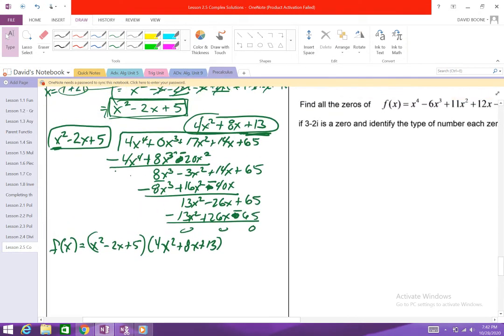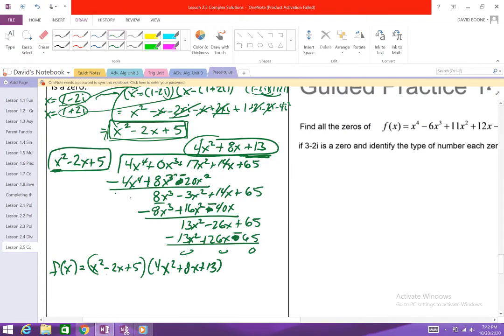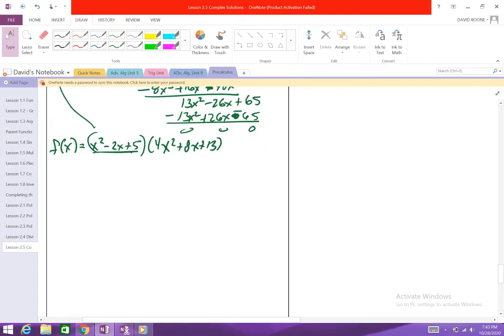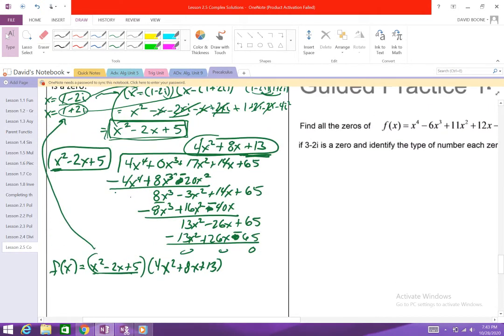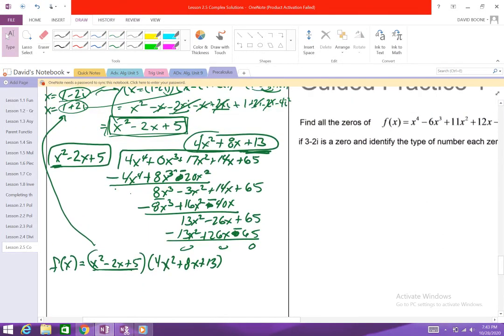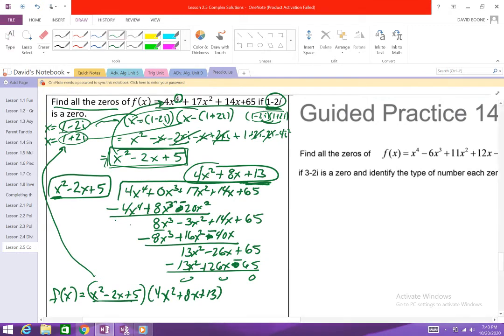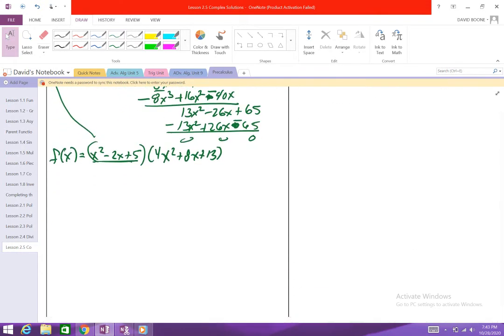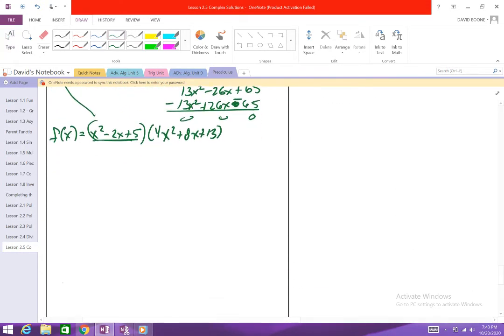So I've got it factored into quadratics, and again, we knew that the roots for the first were 1 minus 2i and 1 plus 2i. The original problem was asking me to find all the zeros. The first one was given to me, and the second one is just that conjugate.